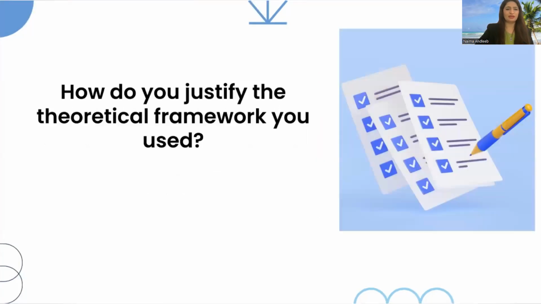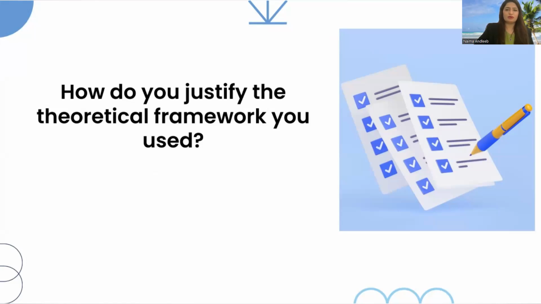How do you justify the theoretical framework you used? The justification should be in line with the framework you already used in your research, meaning your finalized research framework. That framework has 2, 3, 4, 5, or 10 variables in it, and the variables need support from the theory.